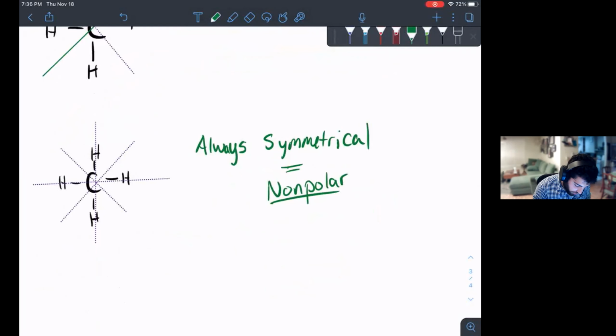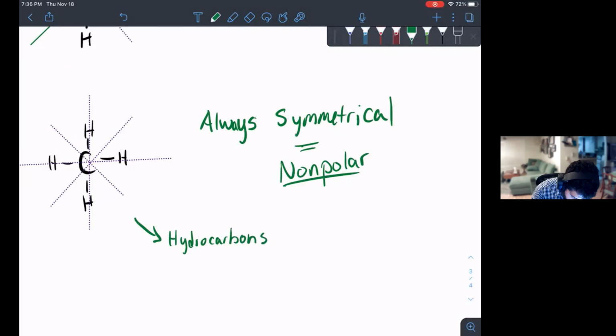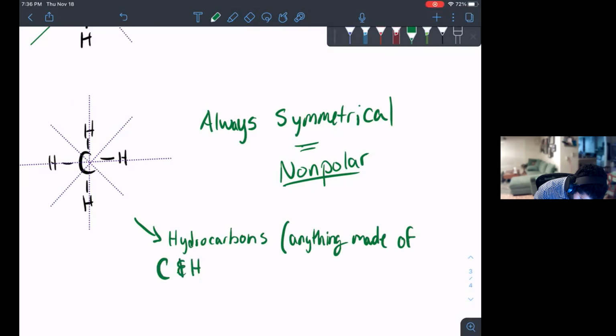One more good rule of thumb to think about is hydrocarbons. And I drew an arrow from that CH4. So hydrocarbons, so anything made of C and H, pretty much only, will be non-polar.